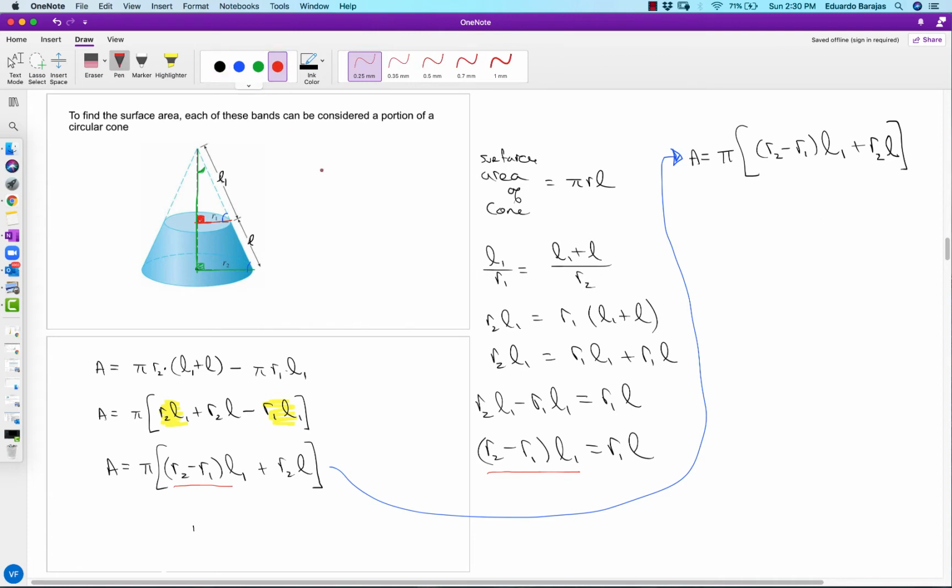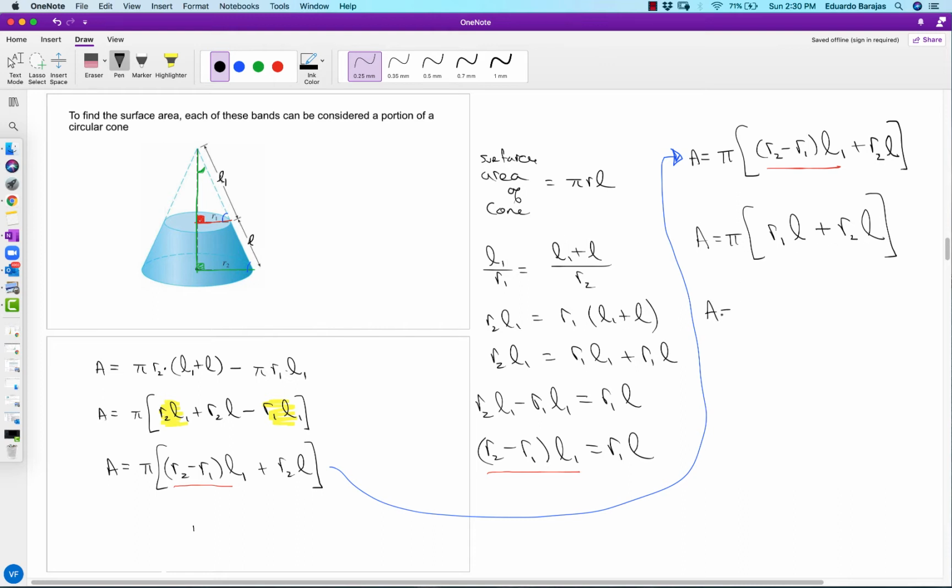Okay, and so now I'm going to plug this right into there, and so we get that A equals pi bracket, and then this becomes R sub 1 L plus R sub 2 L, and they both have an L, so we can factor it out.